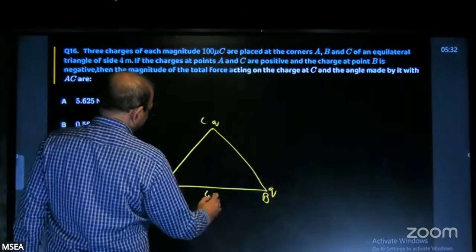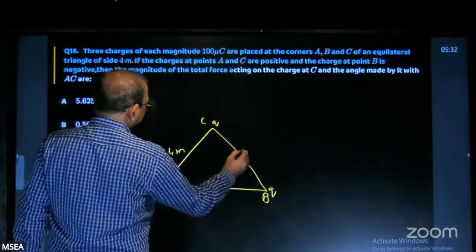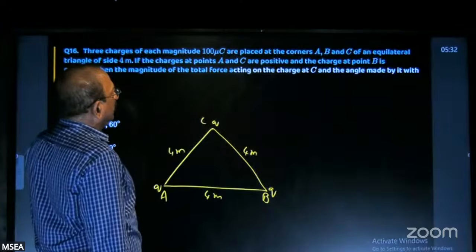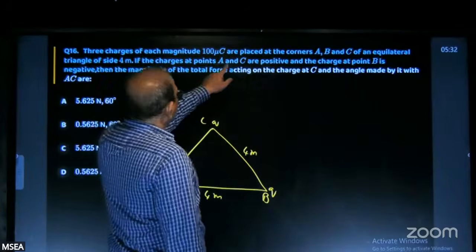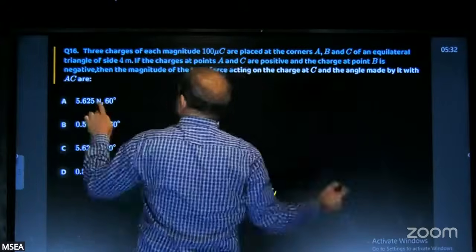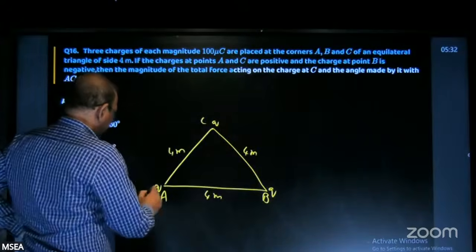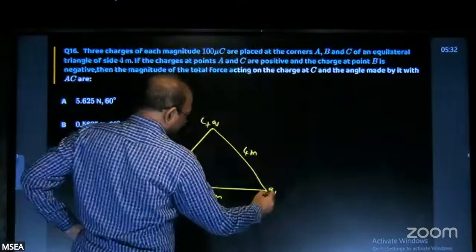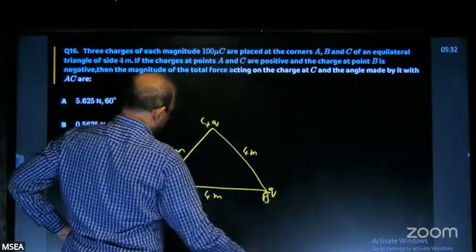Side length is 4 meter, given. At points A and C, positive charges are there. At point B, a negative charge is there. So this is a positive charge, this is also a positive charge, but the charge at B is a negative charge.